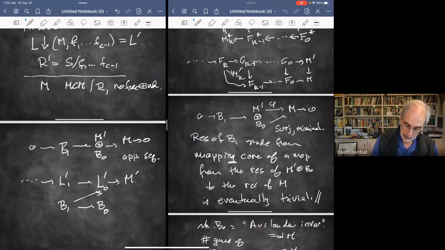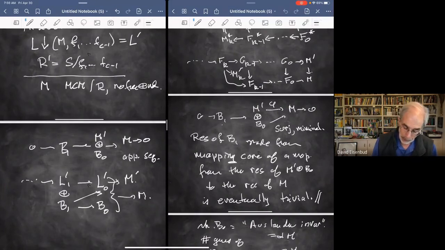And if you think about it, the cokernel of this sequence is clearly M, because the map from B1 to B0 was exactly what I needed to complete the presentation of M from a presentation of M prime, and that's what this says.